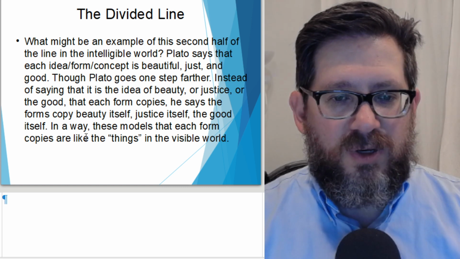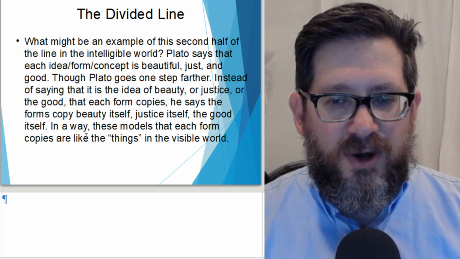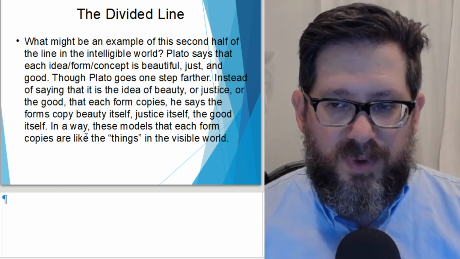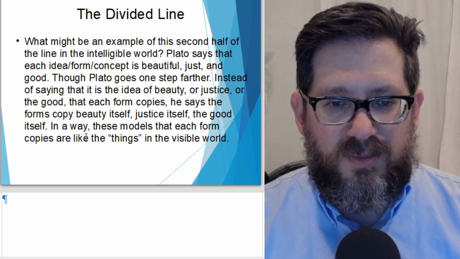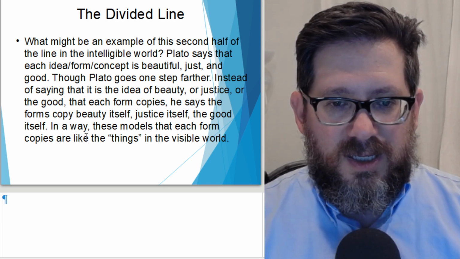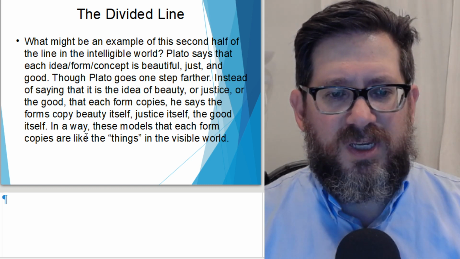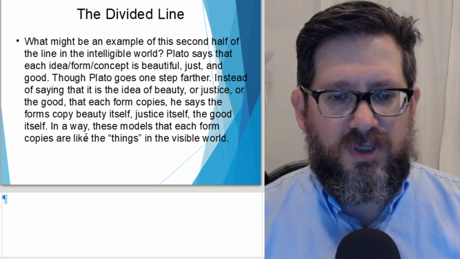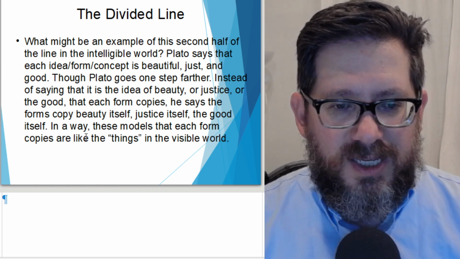They follow all the rules. So Plato can go one step farther. And he says the higher order, right? When we go above that dividing line, we talk about beauty, justice, and the good. Because we're not just talking about an idea of beauty and justice for the good, but that it's actually beauty itself.